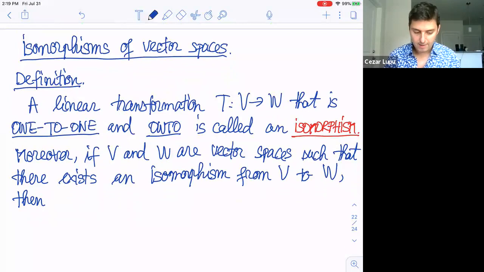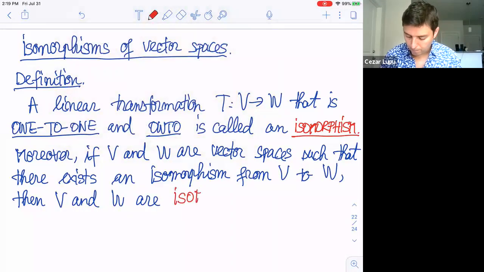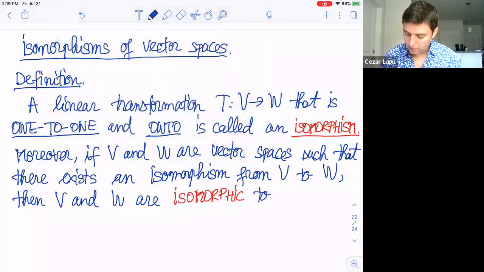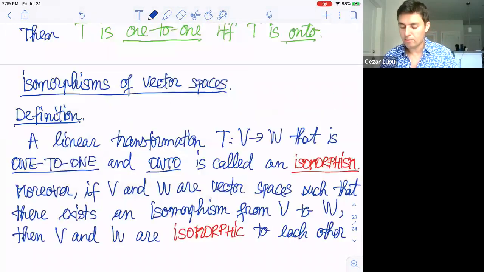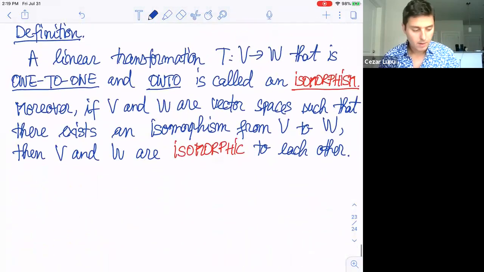Then V and W are isomorphic to each other. Sometimes we even have a way to write this, and we're going to write something like this. Anyway, some people prefer it like this.